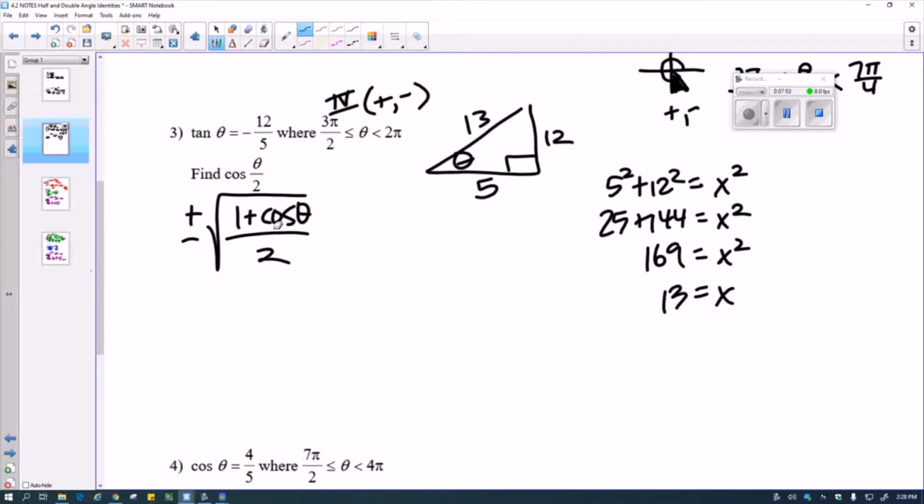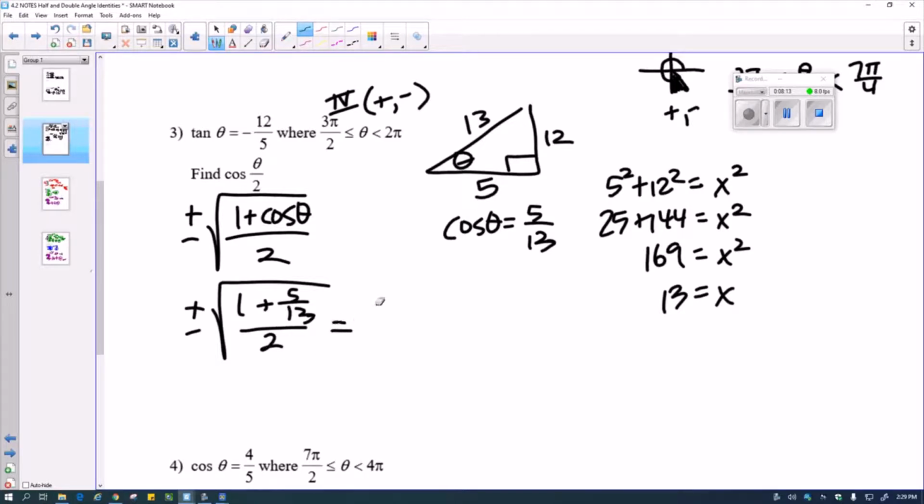I'm interested in the cosine of the angle. The cosine of theta is the adjacent over the hypotenuse. In the fourth quadrant, the cosine is positive. So when I plug this into this equation, it's 1 plus 5/13, sorry, that should be 5/13 over 2. So plus or minus 18/13 over 2.